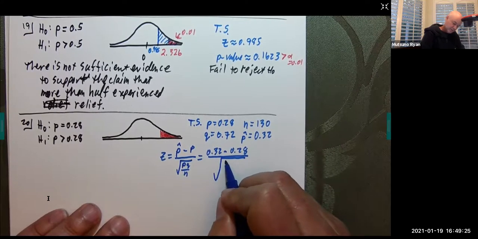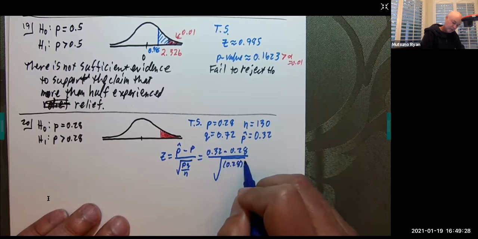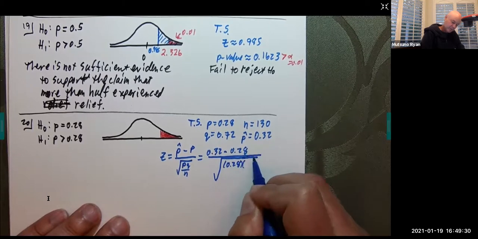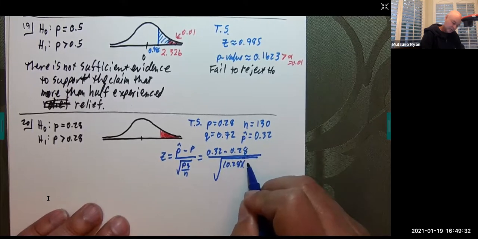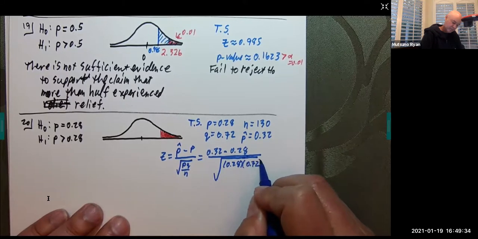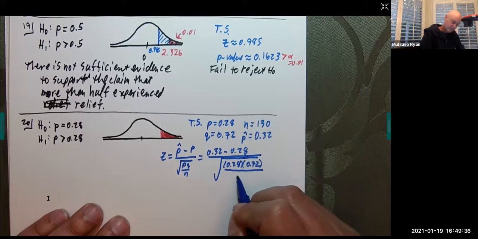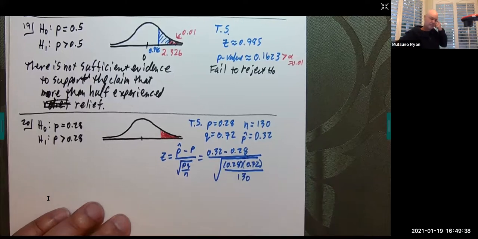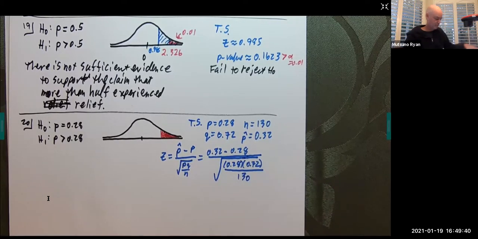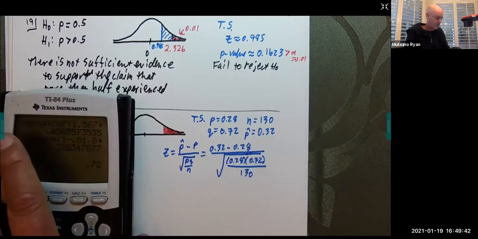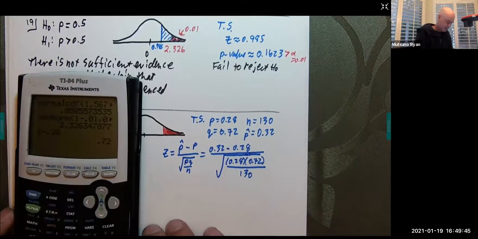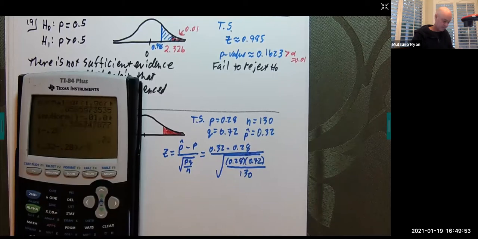0.28 and 0.72 over 130. So again, I'm going to use my parentheses, 0.32 minus 0.28 divided by the square root of 0.28.